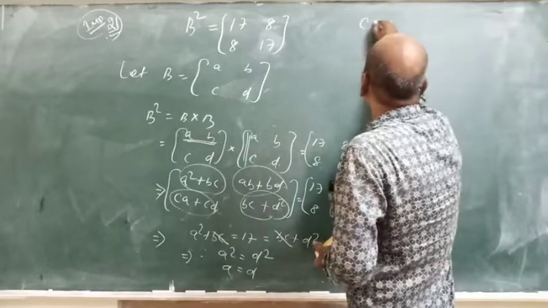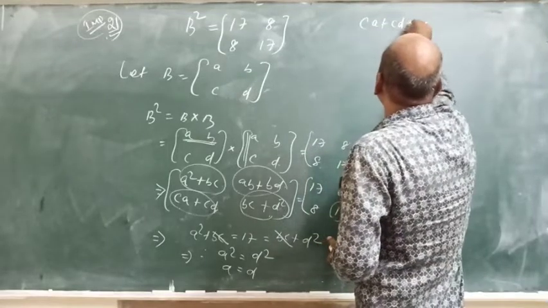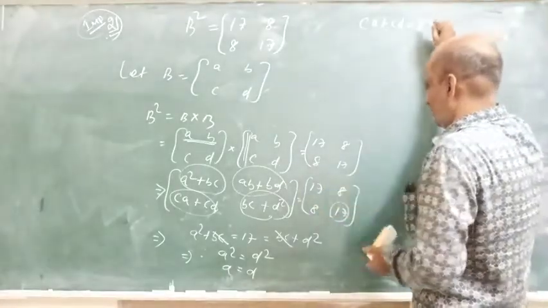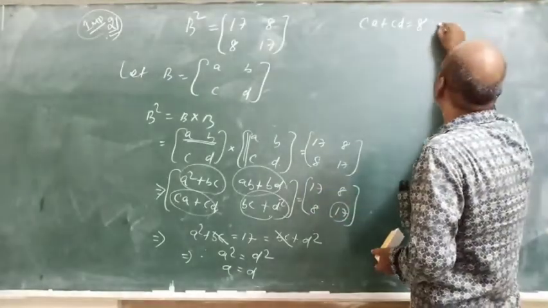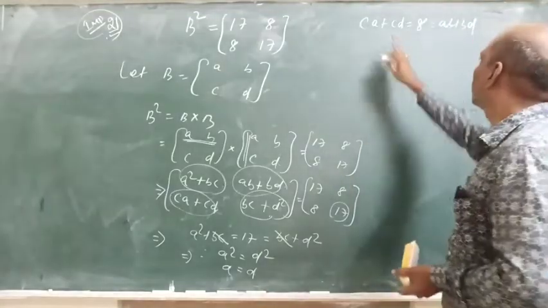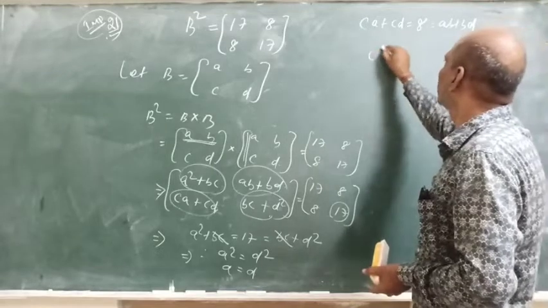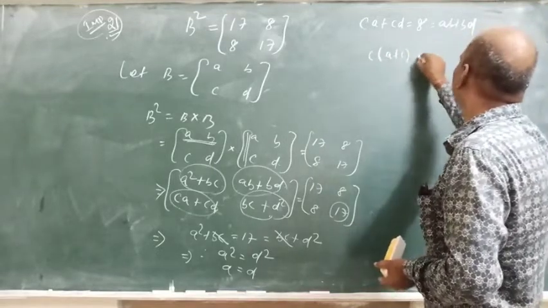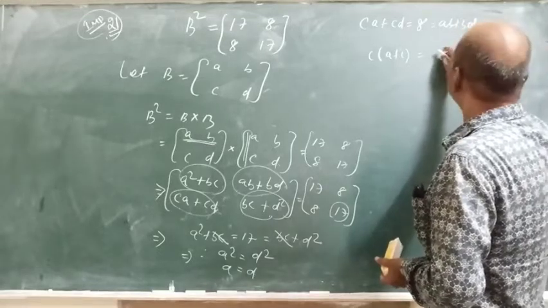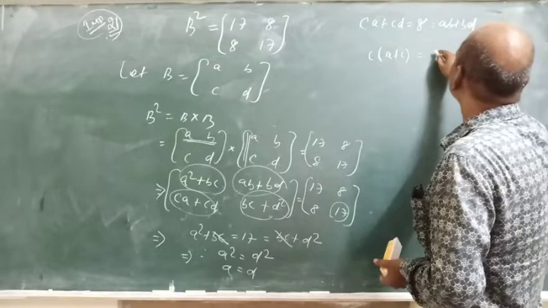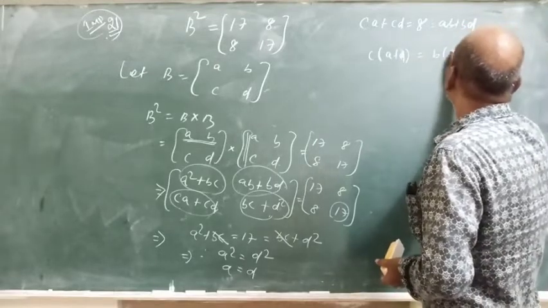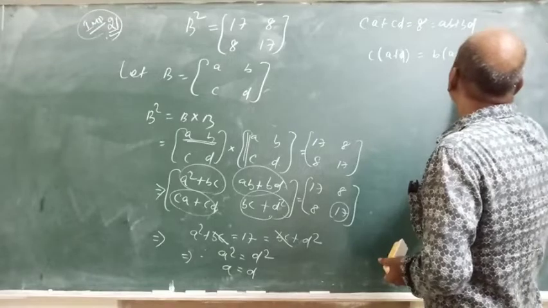Okay, now the second one, we will take these two: ca plus cd is equal to 8, which is equal to ab plus bd. Now take common c here, a plus d, and here take common b, a plus d.